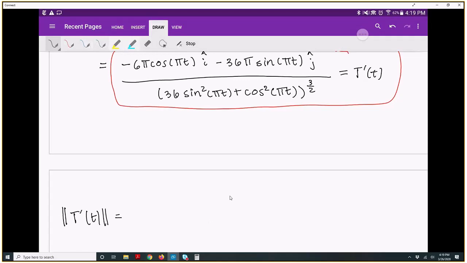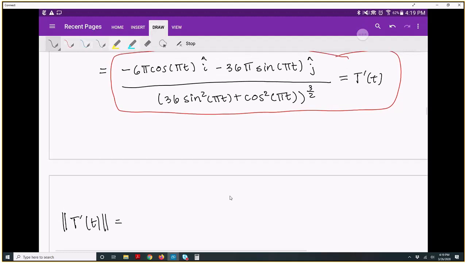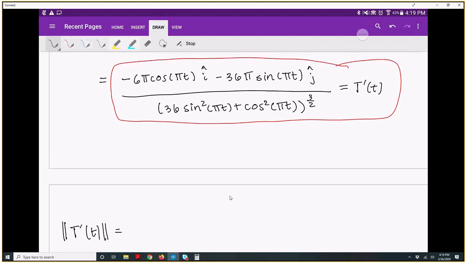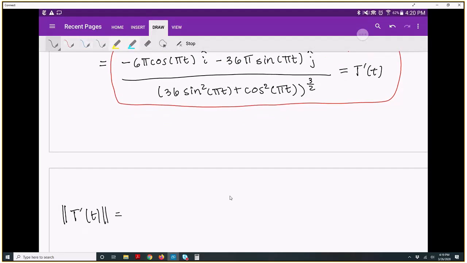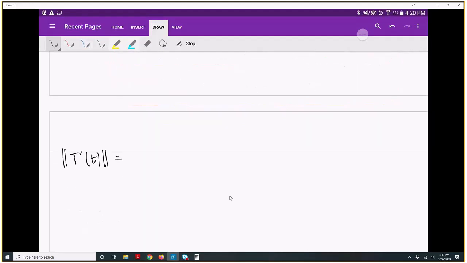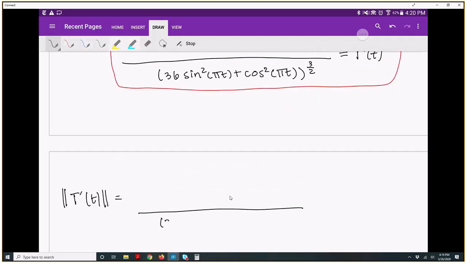Alright, so we need the magnitude of T prime of t divided by the magnitude of R prime of t. So I'm going to look at my T prime of t term. I know that the bottom here is just a constant, so let me write that back down. That's 36 sine squared of pi t plus cosine squared of pi t, everything to the power 3 over 2.